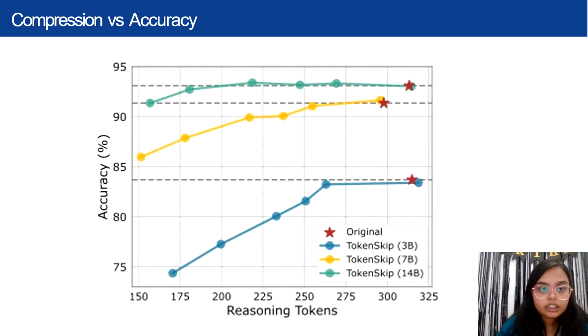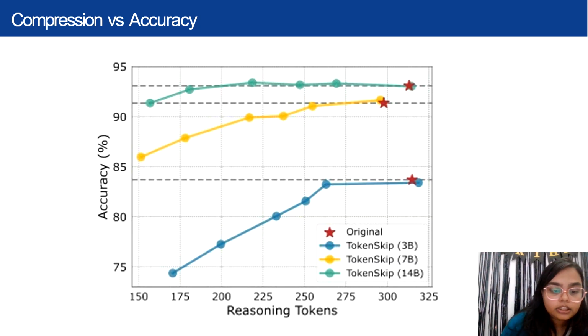This is the graph of compression versus accuracy. This graph is the most important result of the paper. The x-axis shows the number of reasoning tokens, where lower means more compressed, and the y-axis shows the accuracy.